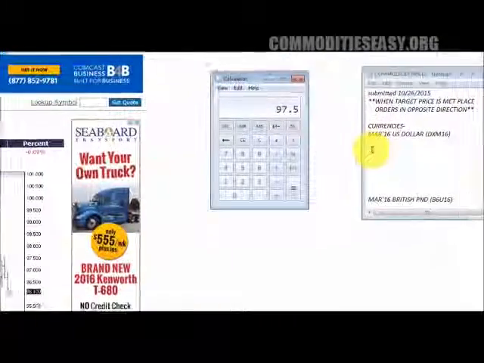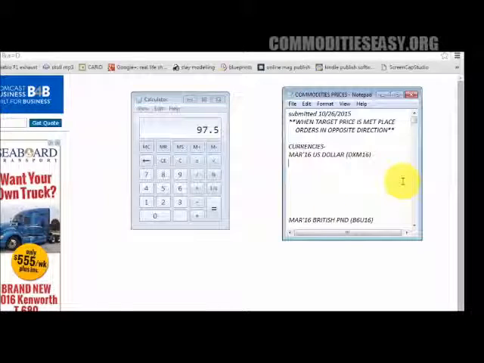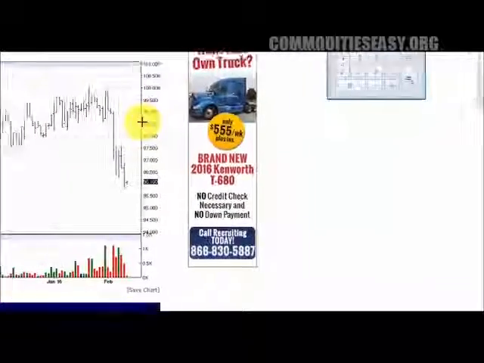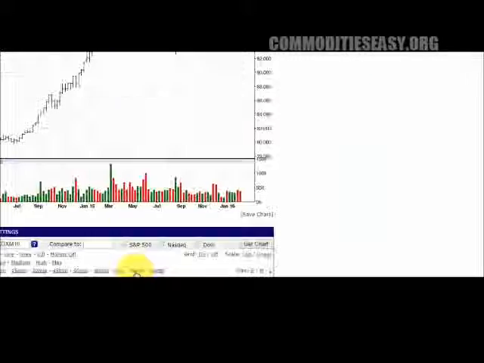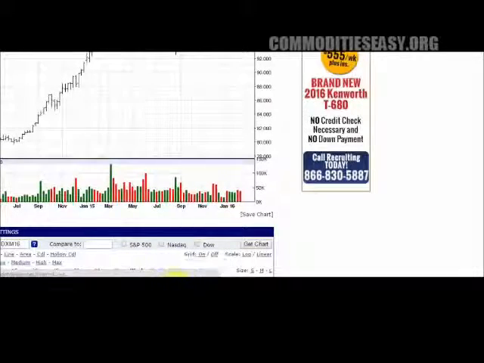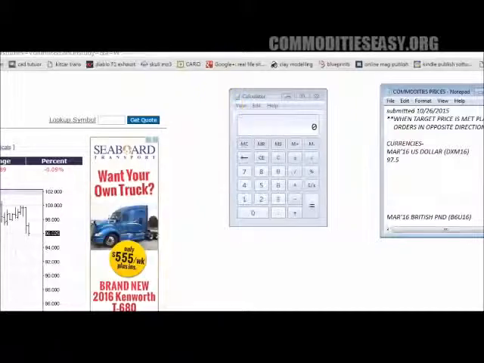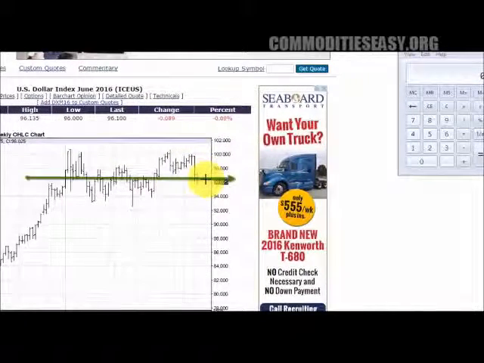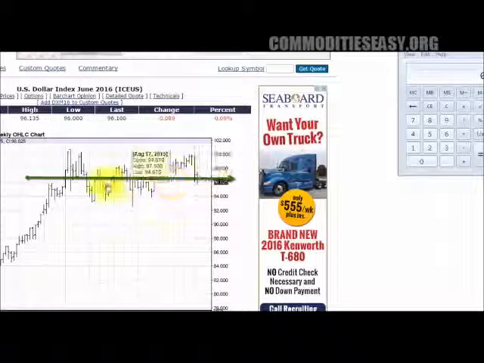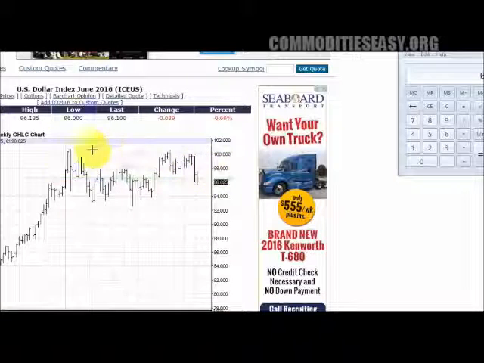So we're going to enter that number, and that's going to be our high number. Now we've got to establish a low number, so we go to the weekly chart. On the weekly chart, you want to go no more than a year behind.